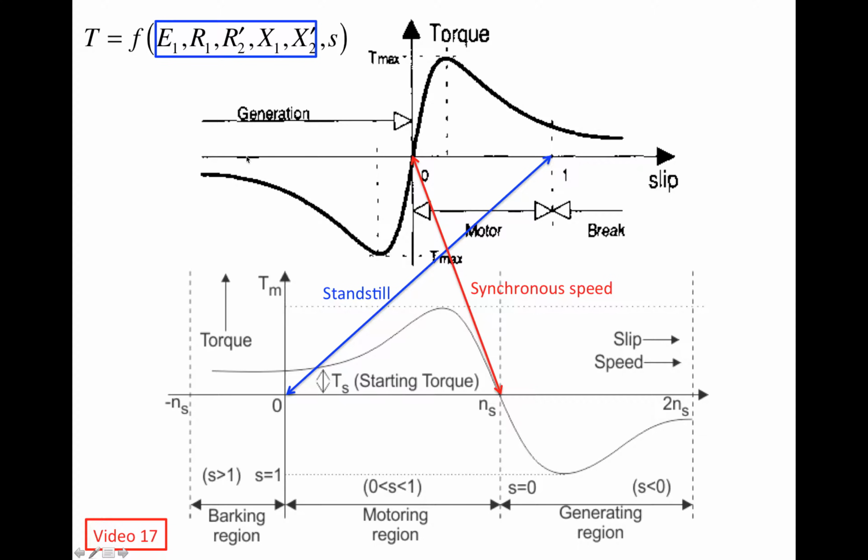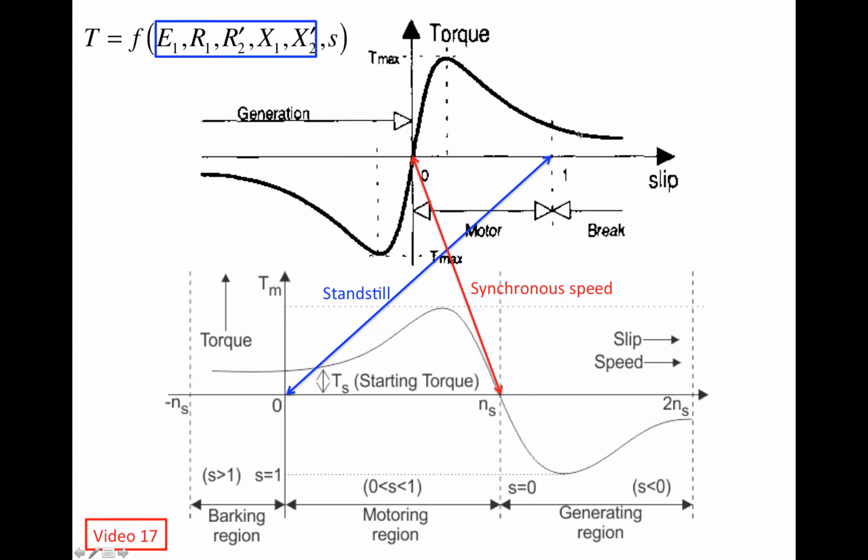Another thing we have to pay attention to is that for the negative slip region, the shape of the curve is exactly the mirror image of the shape of the torque slip curve in the positive slip region. So it's antisymmetric. In the following, we're going to just focus on this quadrant, the positive slip.